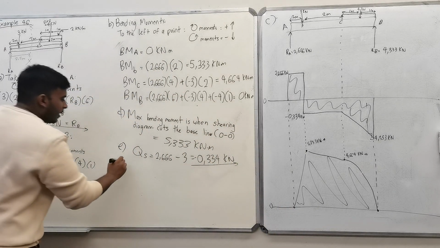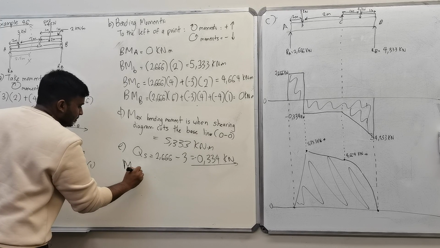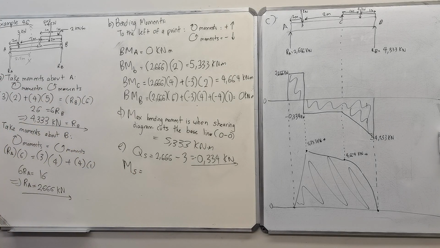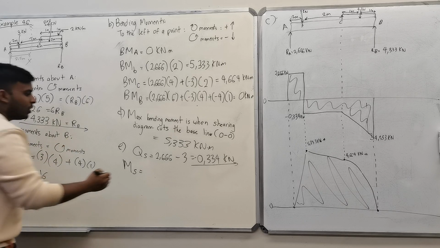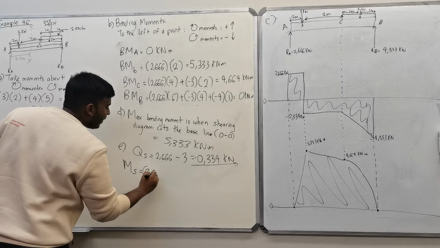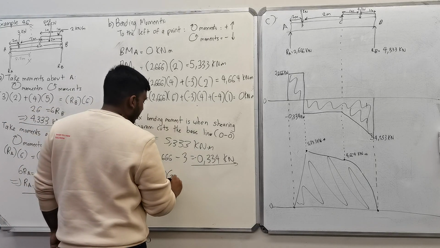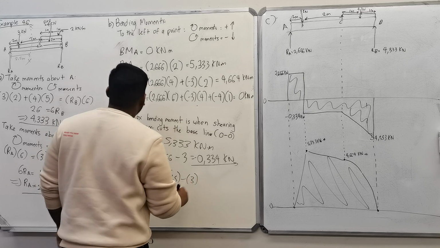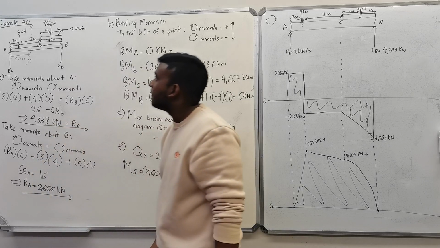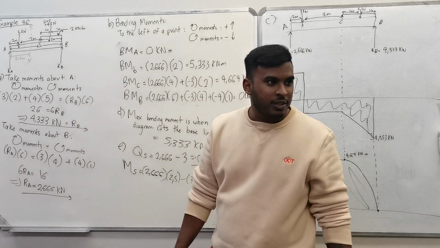Good. Bending moment would be just that force multiplied by its distance. So 2.666, how far away is it from the X line? 2.5. Then 2.5 minus 3. How far away is the 3 kilonewtons from the X line? 0.5. Everybody understands why.